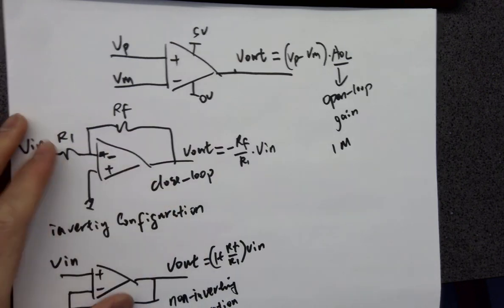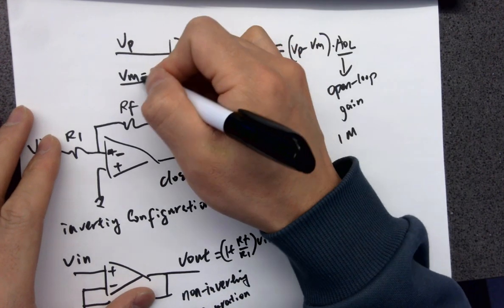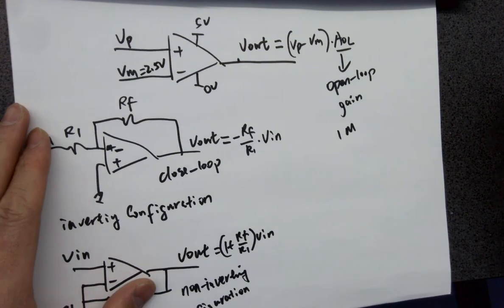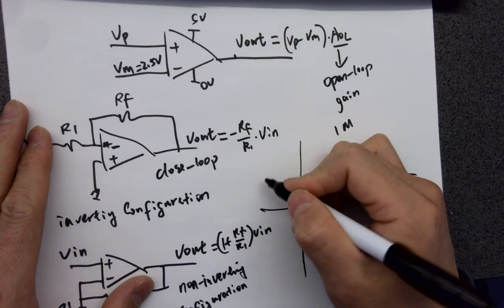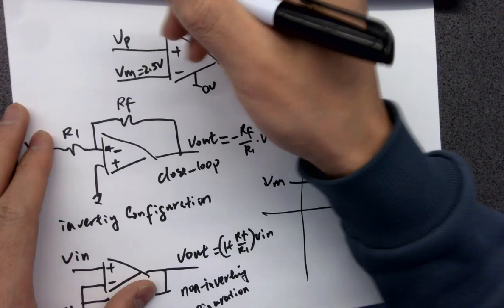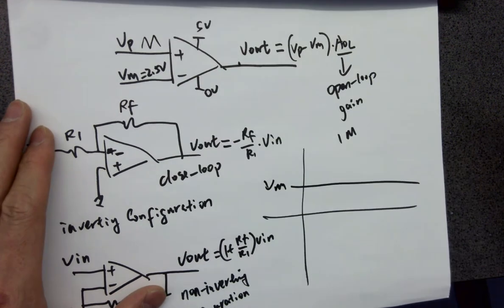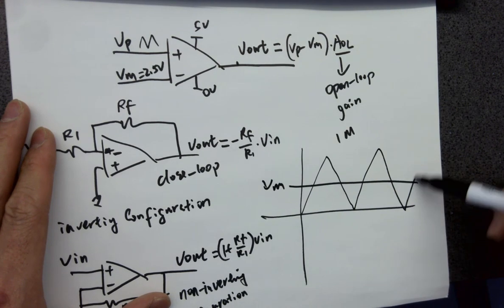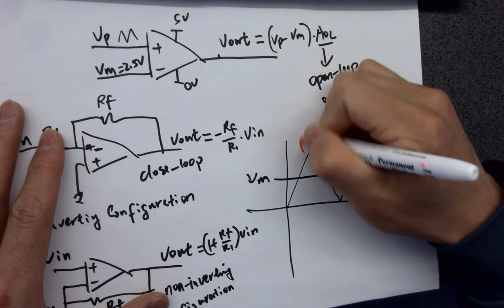Okay, so eventually, if I have, for example, VM at 2.5 volts as a reference voltage, and VP, I put an analog input into it, doing this. This is VP.